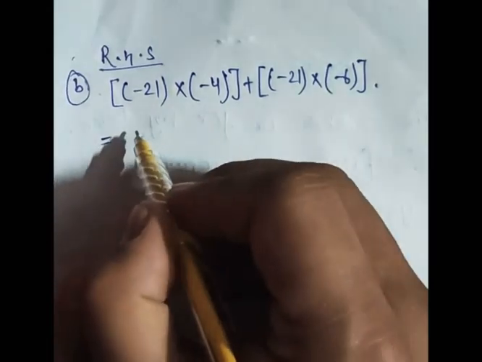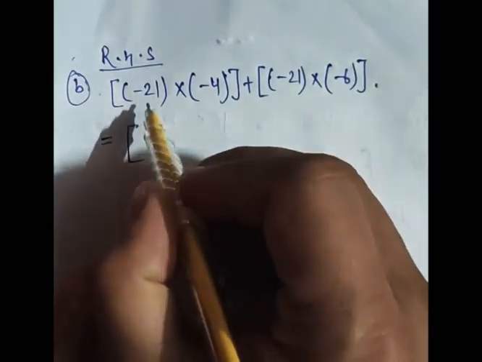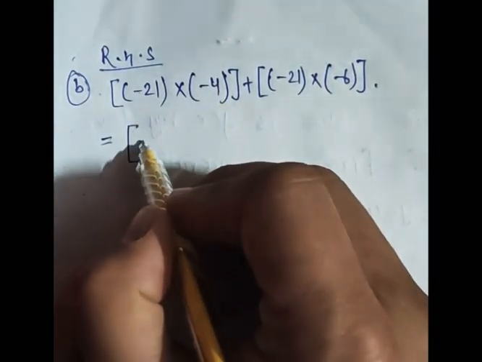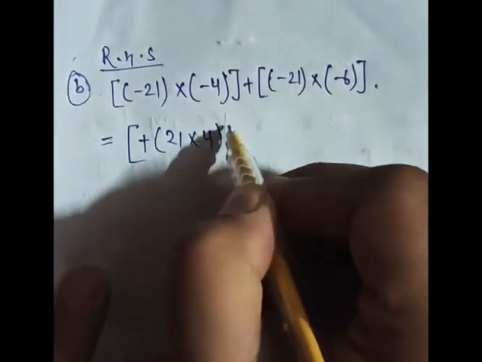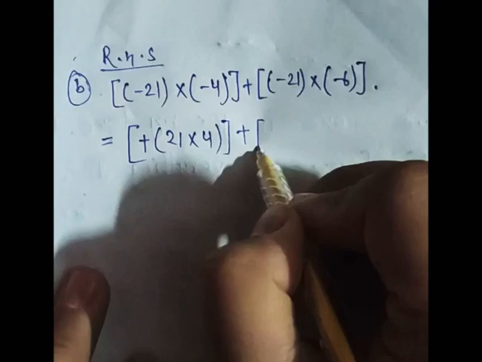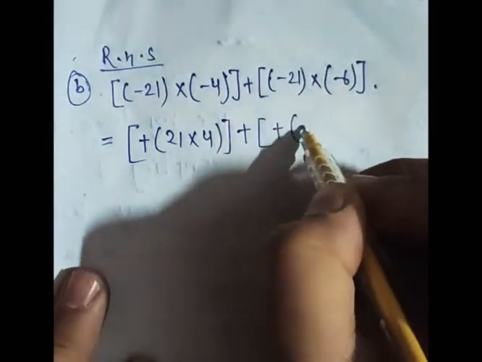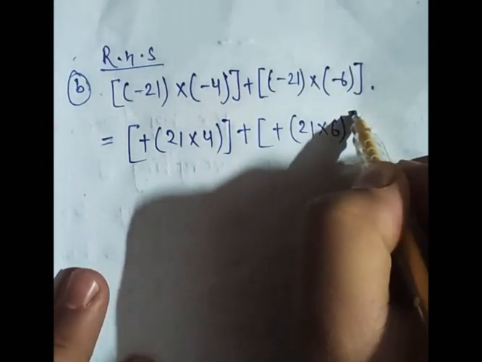So let us solve this first. Minus minus is plus here, so 21 into 4 plus, similarly minus minus is plus here, so 21 into 6, right?